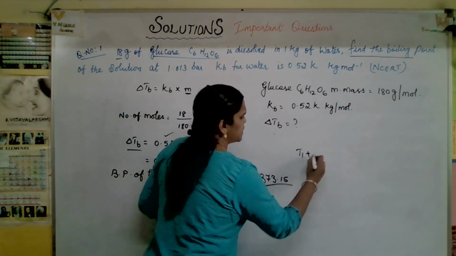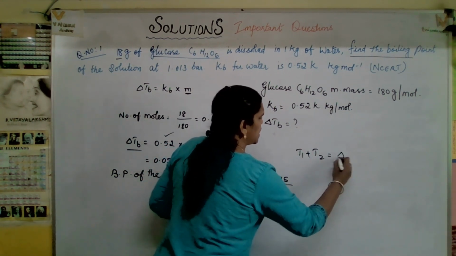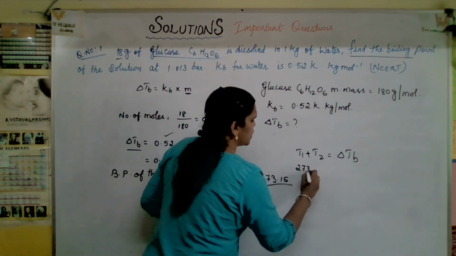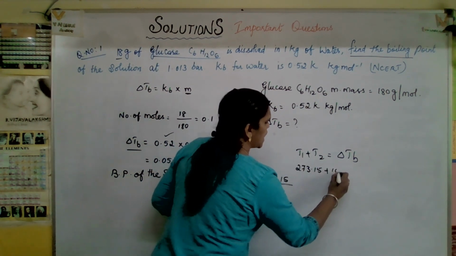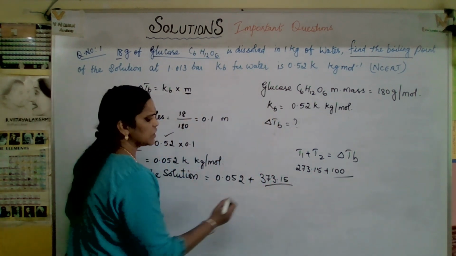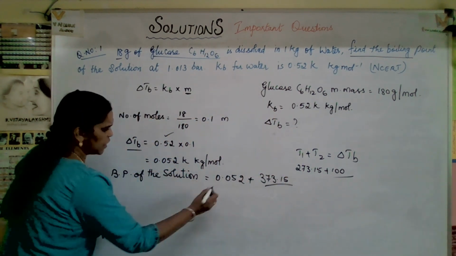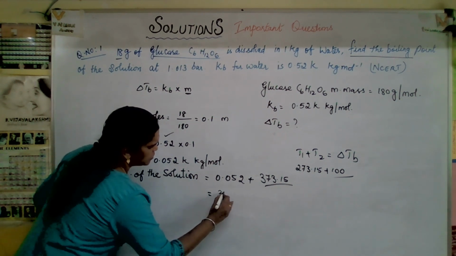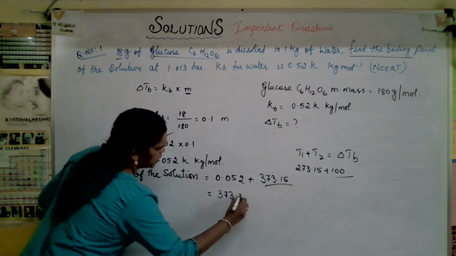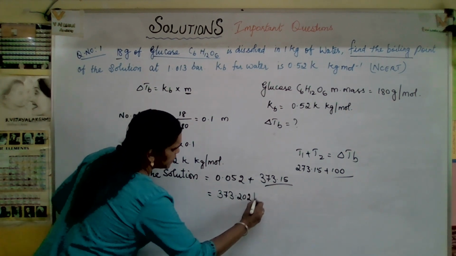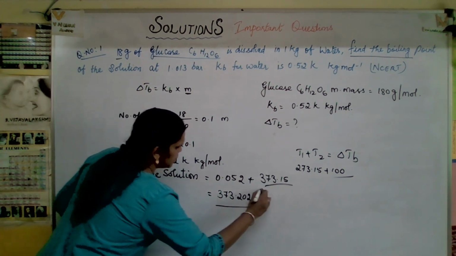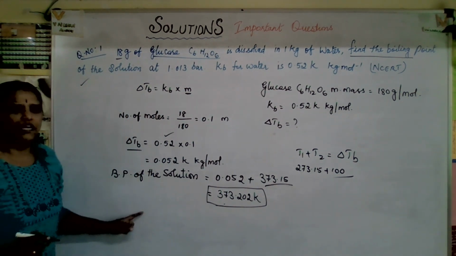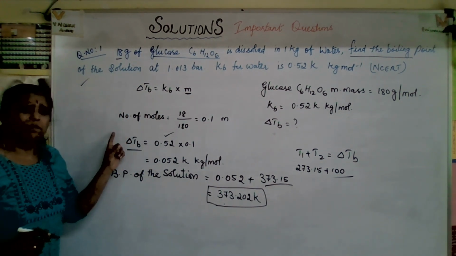Here T1 plus T2, it is delta TB, right? So 273.15 plus 100, you will get 373.15. So here we just apply it, and naturally you will get the answer 373.202 K. This is the final answer of the sum. Hope you got a clear idea. This is a very simple sum.